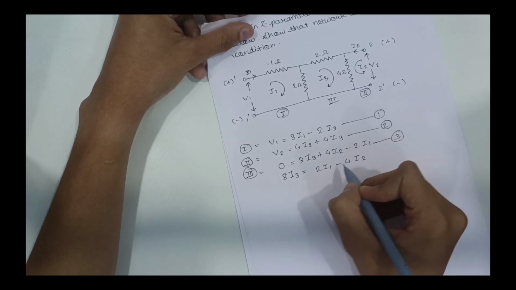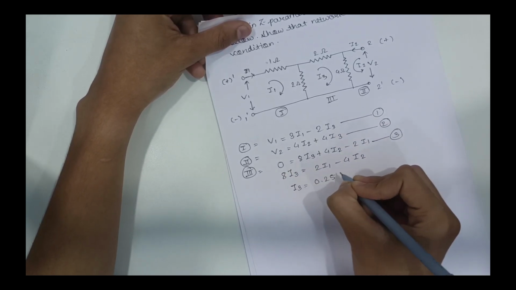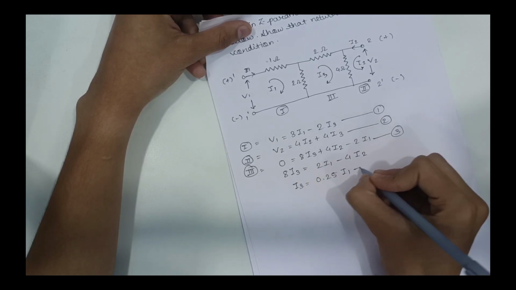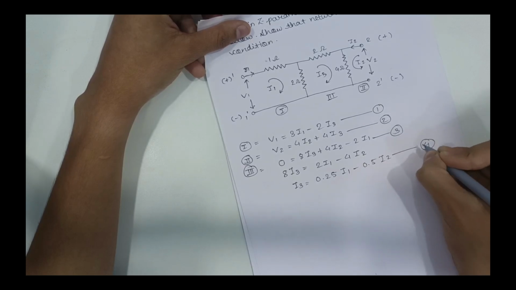We have shifted this to this side. So I3 will be 0.25 I1 minus 0.5 I2, by dividing both terms by 8. This will be our fourth equation.